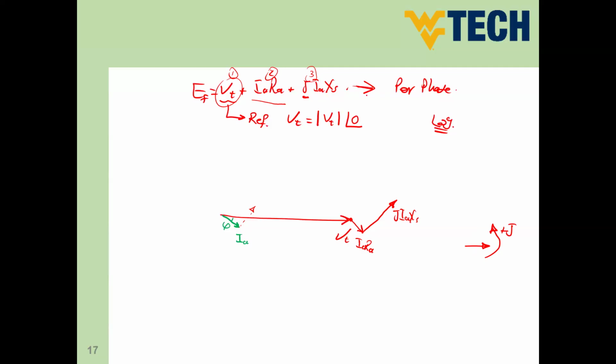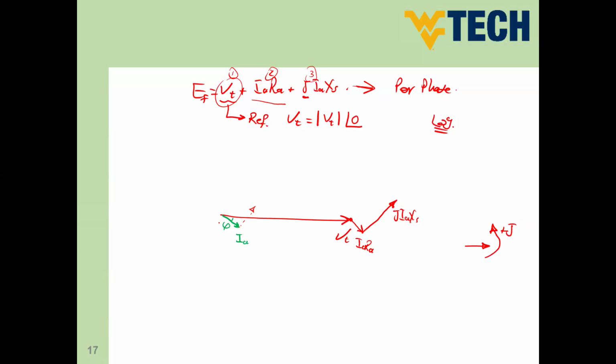Do we have more terms here? We don't have more terms. So this means we finish drawing the right-hand side of our equation. The left-hand side is the summation of the right-hand side terms. So summation of any kind of vectors, guys, we're going to start from the first point of the first vector to the last point of the last vector.